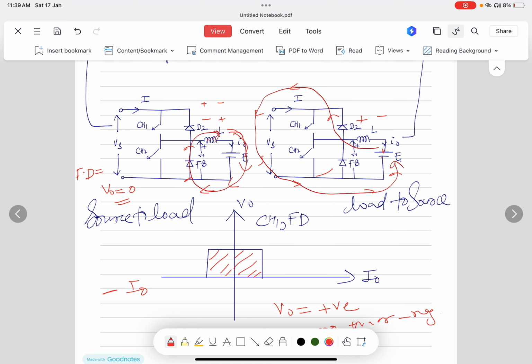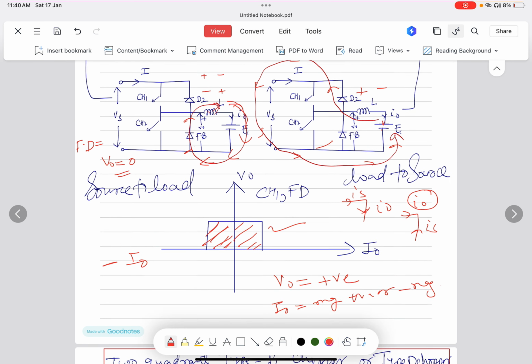If the supply current is flowing in the direction of I naught, that means I naught is positive. If the supply current is flowing opposite of the load current I naught as marked polarity, it acts as negative.